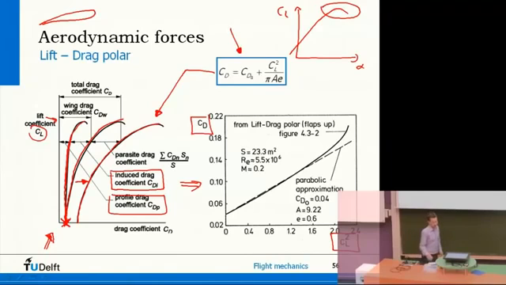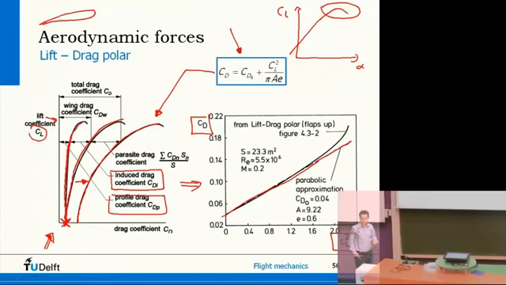Then I can see that the curve, the not dashed line, is almost completely straight. If I draw a straight line through that, the straight line is almost the same as the curve for the complete aircraft.